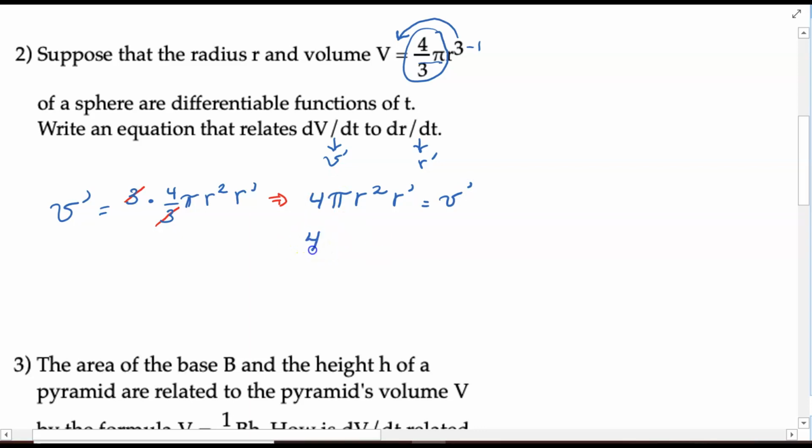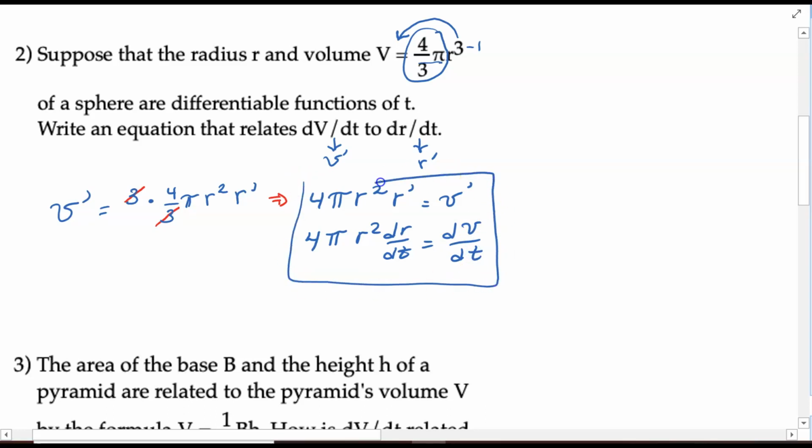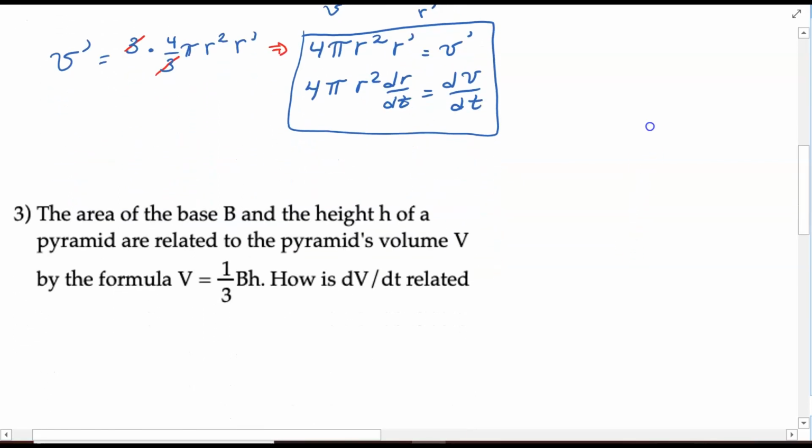So you could say that this is also 4 pi r squared dr/dt, which is your dV/dt. They are the same thing. One of them is in prime notation, the other in Leibniz notation.